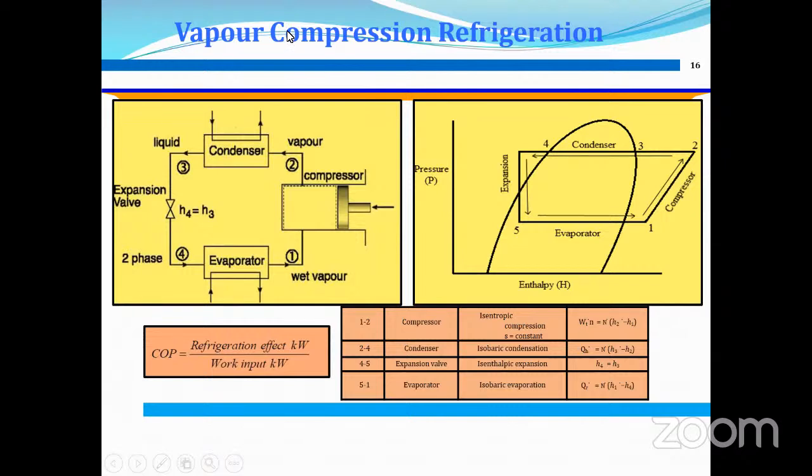So 1 to 2 is the compression. 2 to 4 is the condensation. Then 4 to 5 is the expansion of refrigerant. Then 5 to 1 is the evaporation. See, it consists of 4 phases.